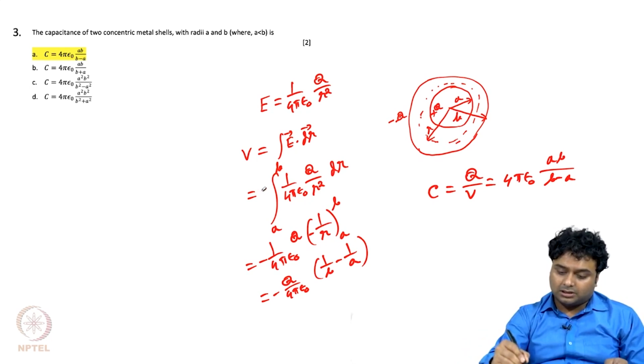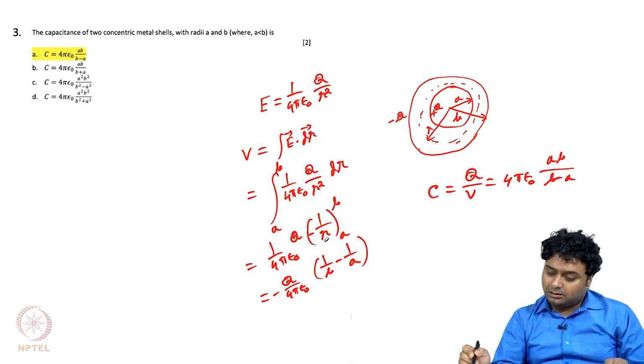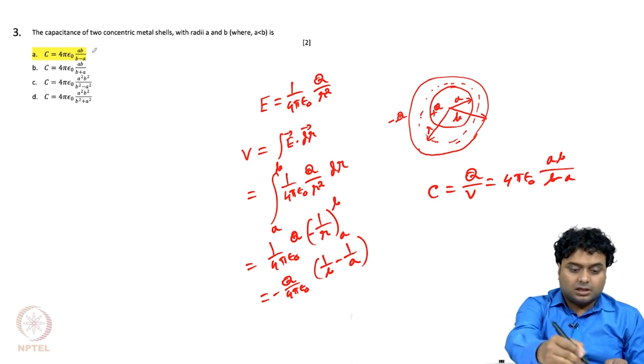This is not 180, this is 0. So minus 1 by r square will become minus 1 by r, and you take the negative out, and then you get 1 by b minus 1 by a, and that will give you this equation. Okay. So this is the correct option.